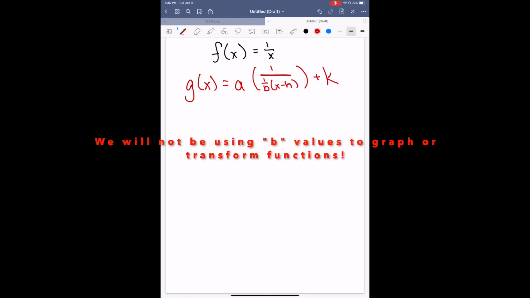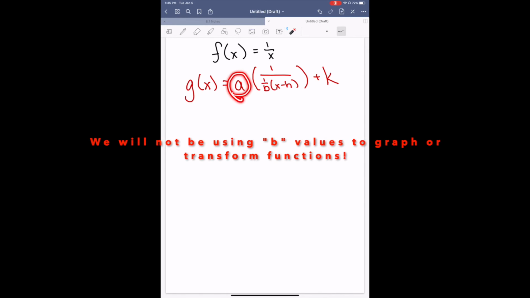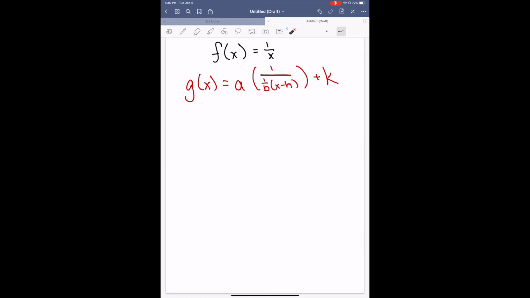Now, I know you guys should remember this. We have talked infinitely about what a, b, h, and k do. Remember, these are the specific transformations we have worked with every single type of function we've discussed in the past.